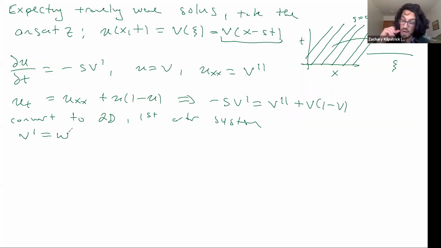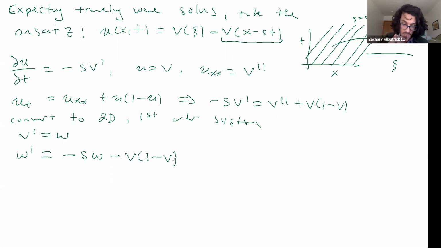This is your first equation. And then if I look over at this equation, if I move this to the other side, then I have an equation for v prime prime, which is just w prime, right? So w prime is equal to minus s w minus v(1 minus v), okay?